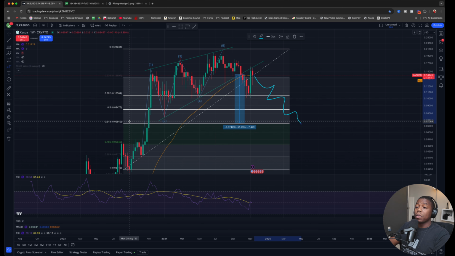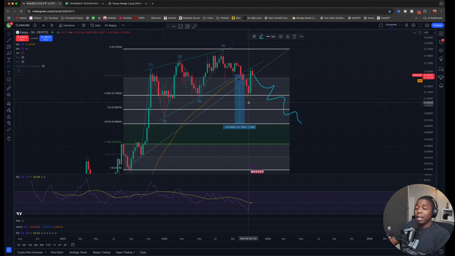So we know that 618 retracement is a common retracement level. We see that this has broken out, and we measure the price of the widest part of the wedge, and it's coming down exactly to the 618.